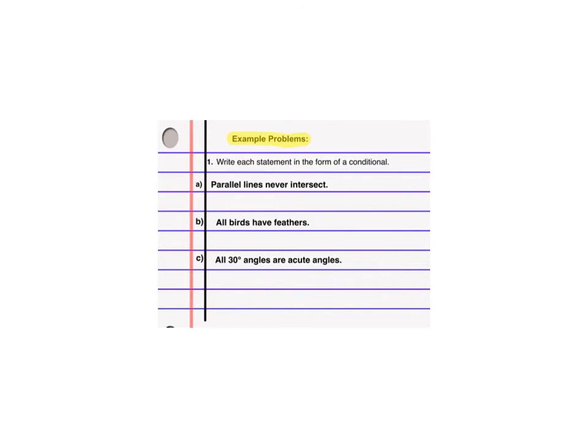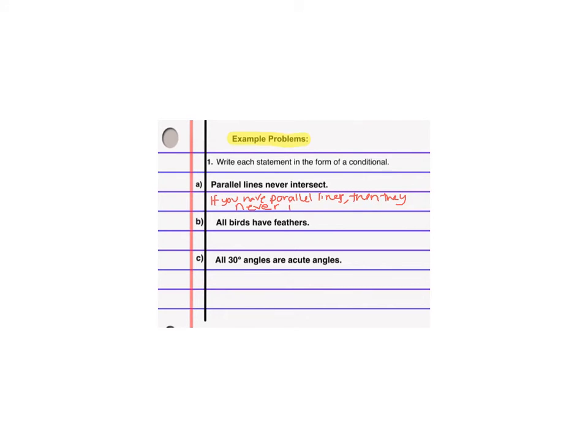All right, let's get into some examples. Okay, so for example 1, we're just practicing making a conditional. Remember, a conditional needs to be written in the if-then form. Part A says parallel lines never intersect. So I'm going to say, if you have parallel lines, then they never intersect.